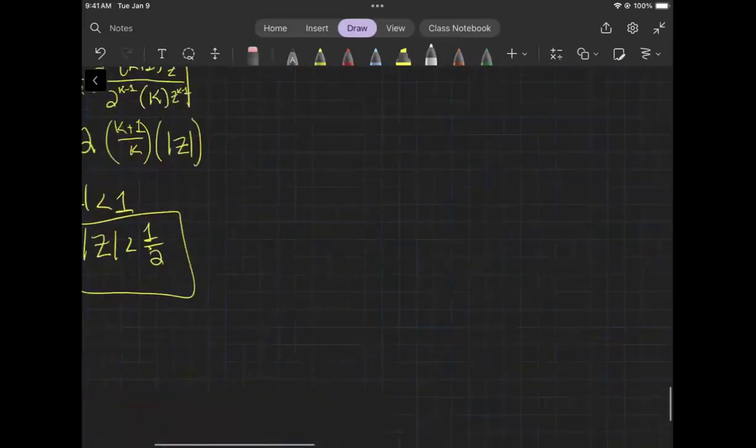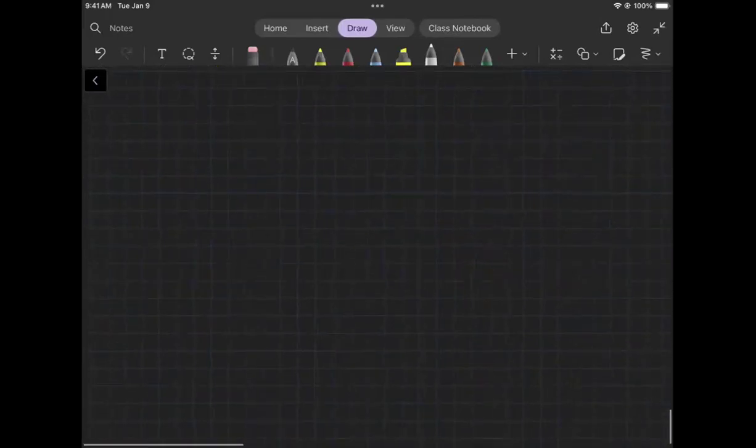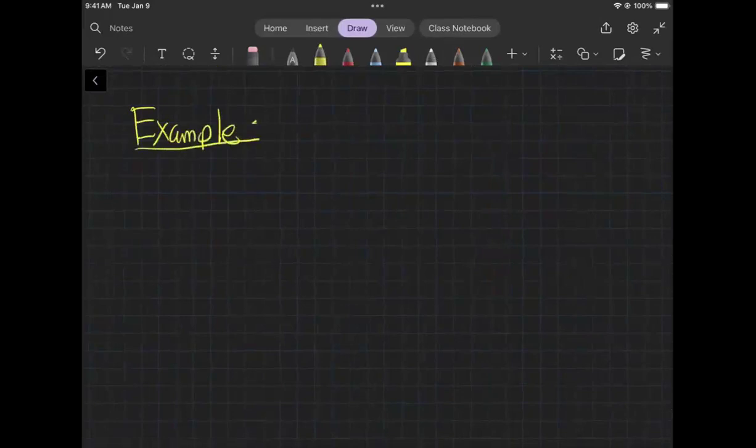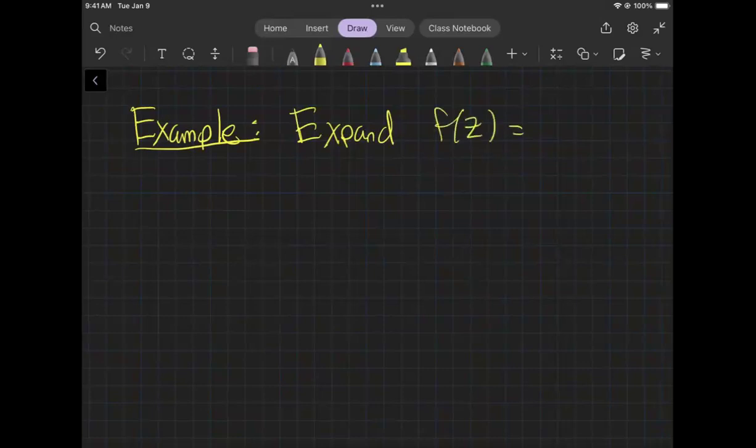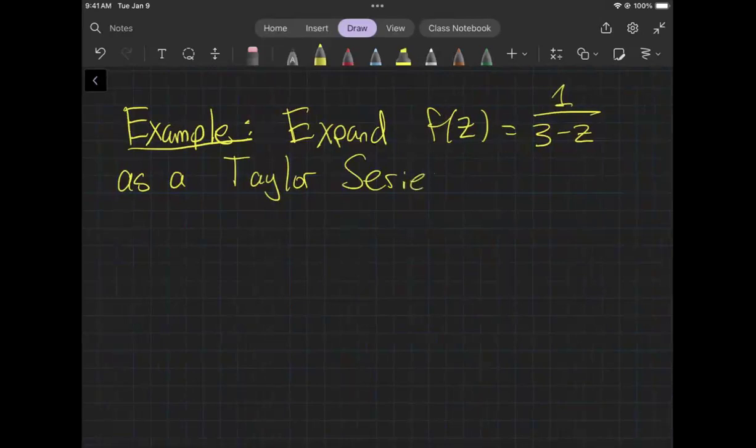Here's another example. Let me scroll down here. I want you to expand the function f of z equals 1 over 3 minus z as a Taylor series centered at z naught equals 2i.